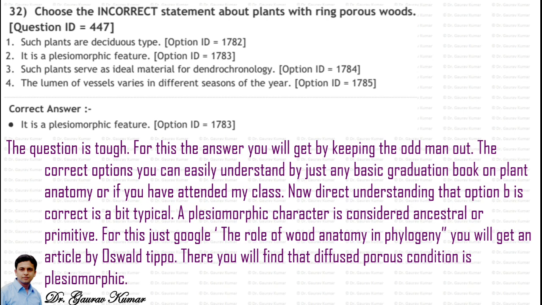As it is written here, choose the incorrect statement about plants with ring porous wood. They are saying that ring porous wood is a plesiomorphic character. No, actually it is diffuse porous wood, the diffuse porous condition, which is a plesiomorphic condition. So that's why the second answer is wrong.